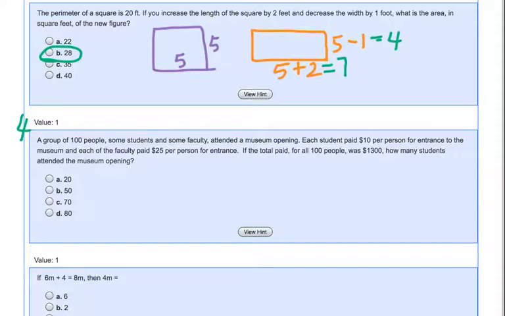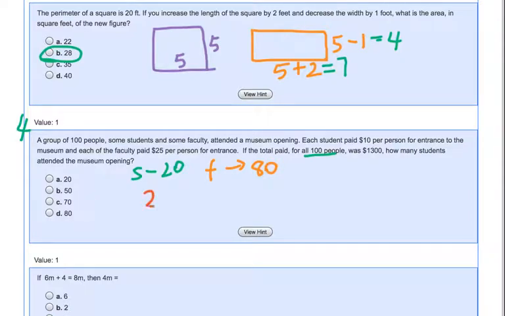Since this is a multiple choice question about a system of equations, you can try each answer separately to find the correct answer. For example, how I test that A is my answer. Suppose A is my answer. Then we know that students will be 20. Altogether, it's 100 people, which means the faculty will be 80 people.